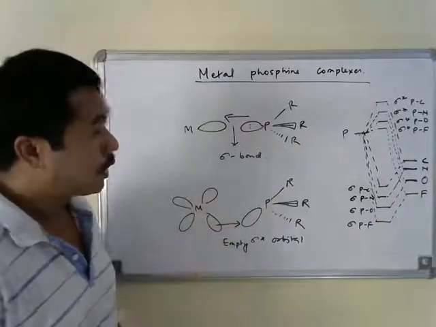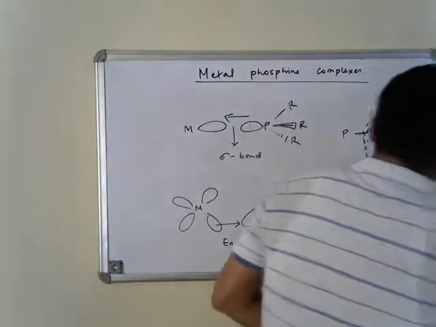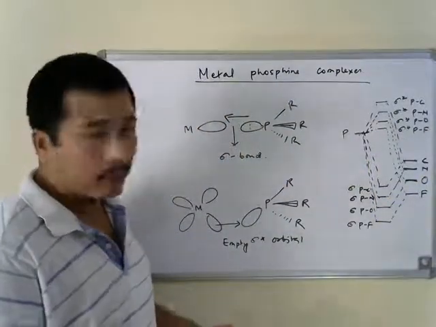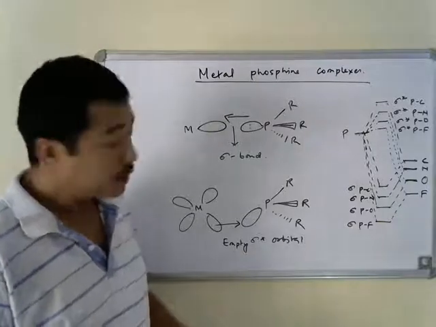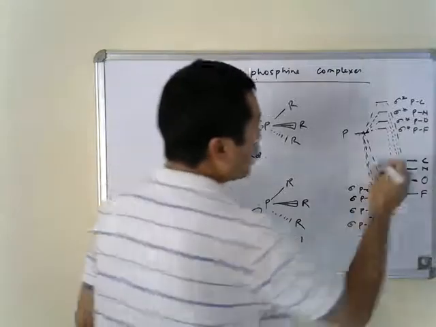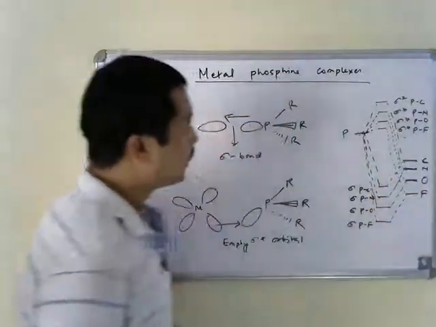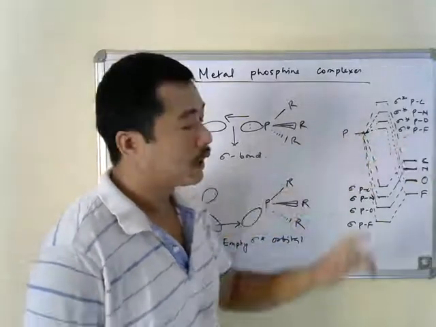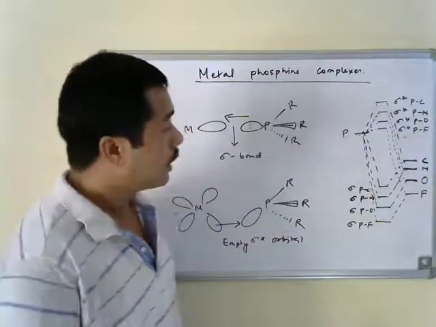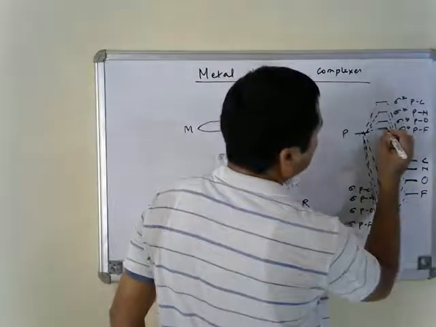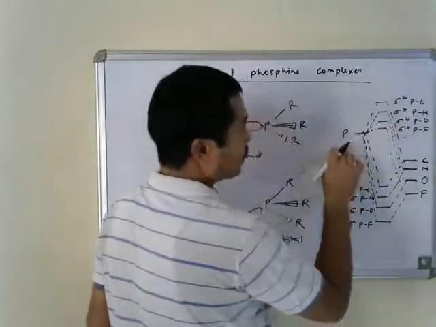Also, one more reason why PF3 or P(OMe)3 acts as a better pi acceptor than PMe3 or PPh3 is that the sigma star molecular orbital is more localized on the phosphorus atom when the phosphorus is attached to an electronegative element, because the energy of the sigma star orbital is then closer to the energy of the phosphorus atom.